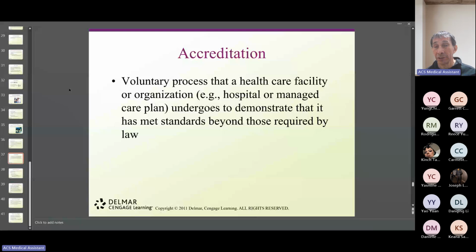And it is voluntary. They're not going to force you, but they're going to do it anyways. And they're going to show up unannounced. They're not going to tell you, hey, we're going to be there this day. Why? Because if they tell you that they're going to come, then you're going to straighten all your stuff, right? No, they're just going to show up and say, okay, we are here to evaluate you.